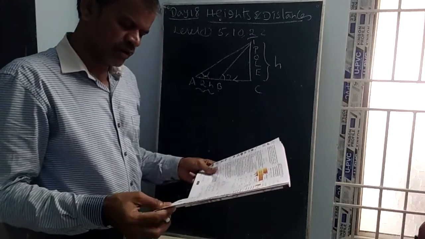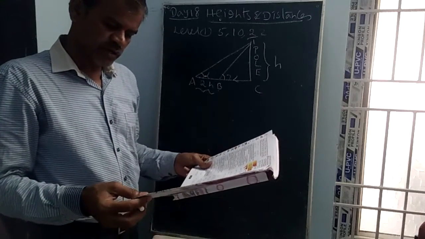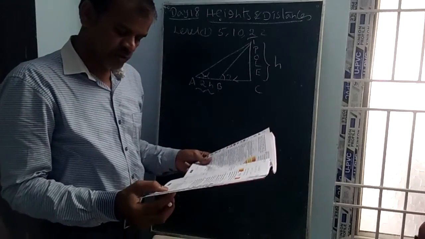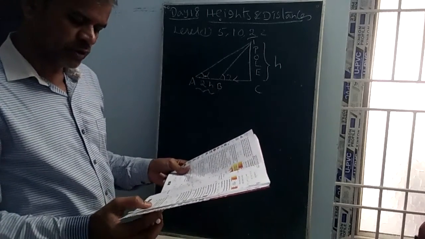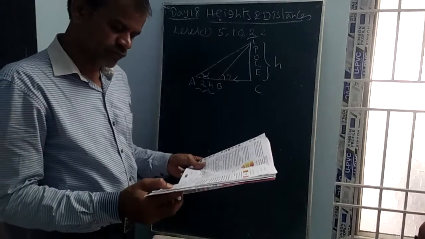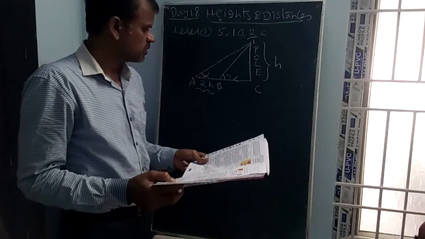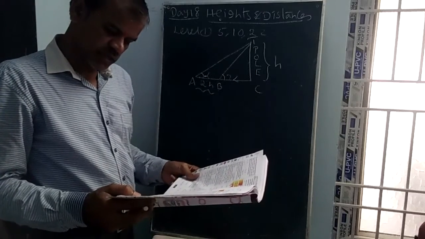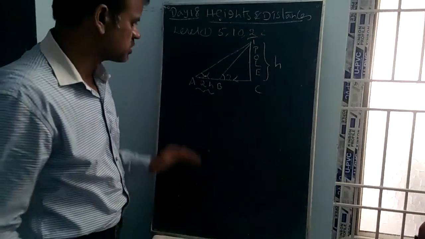A man standing on a level plane observes the angle of elevation of top of pole to be alpha. Angle A is alpha. He walks a distance equal to double the height of the pole towards the pole, 2h, and finds that the elevation is 2 alpha. So we should calculate the value of alpha.